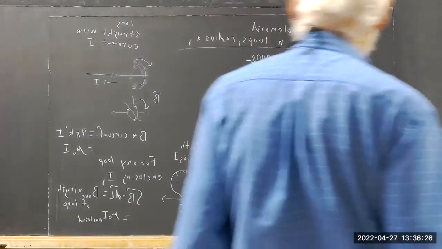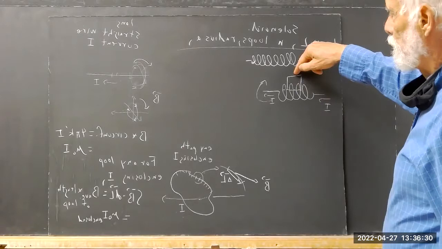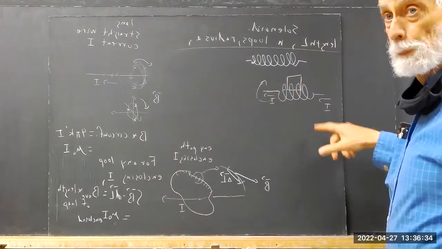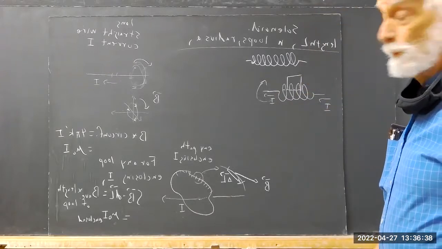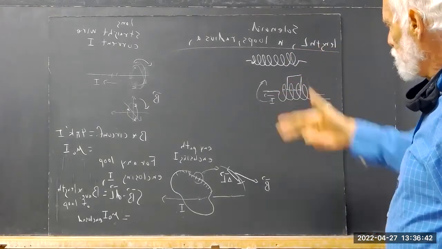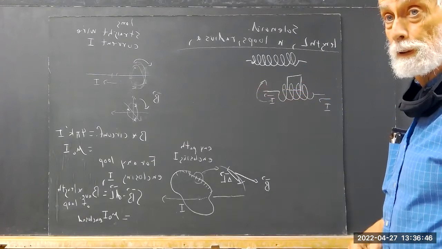Because of time, I'm not going to go into too much detail about this, except to say that out here, the magnetic fields that you get from the different segments pretty much amount to nothing. Along these paths, the magnetic fields of these things reinforce each other. So magnetic fields in this direction within the loop.